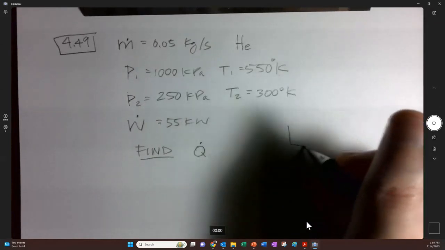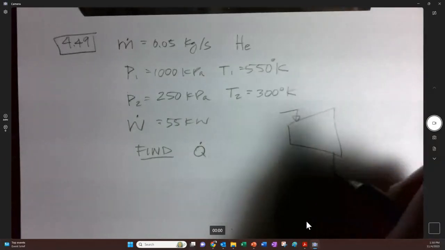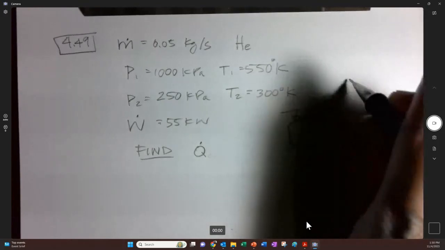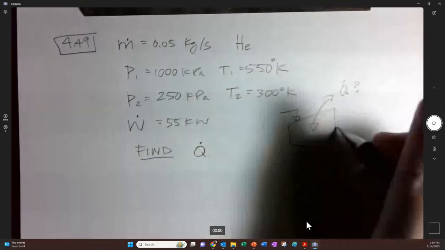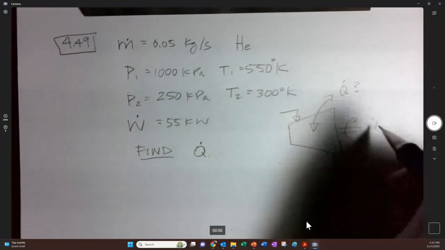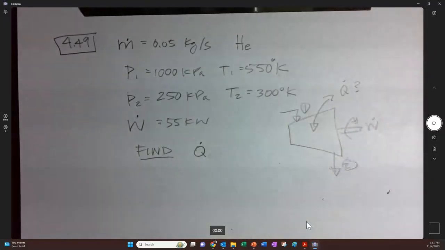This is still a turbine, right? So we have a question of whether Q dot is in or out, but we do know what the shaft power output is going to be. So this is 1 and this is 2.